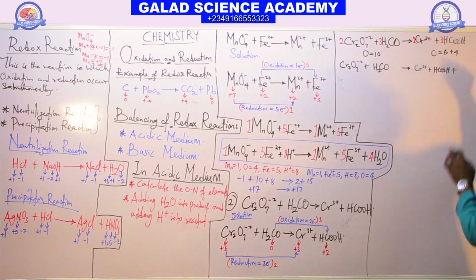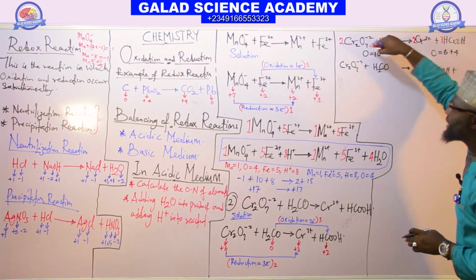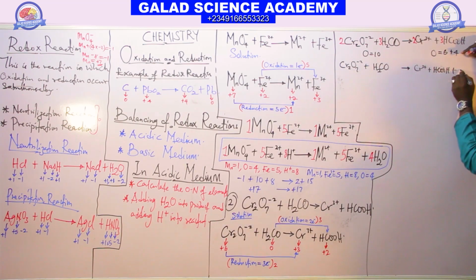It is 4, because we need 4 oxygen here to balance this side. So because we need 4, you now add 4 moles of water.